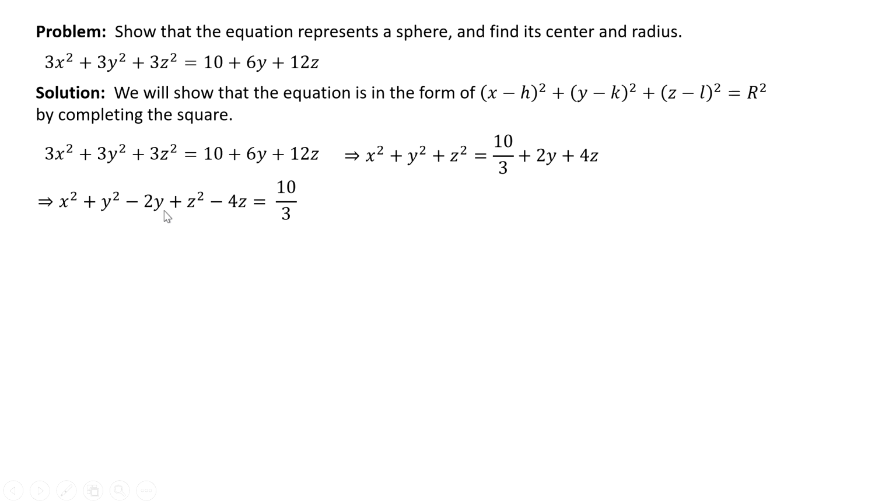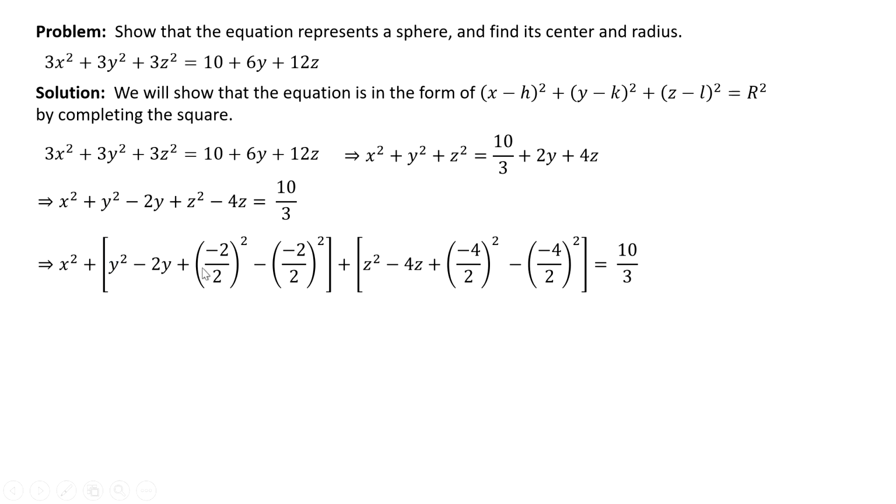Why do you do that? To compensate for the addition. You cannot just add whatever you want. So as long as you compensate for it by subtracting that same term, you are good, right? So that's what you do. Negative 2, the coefficient of y is negative 2, divide that by 2 and square it.